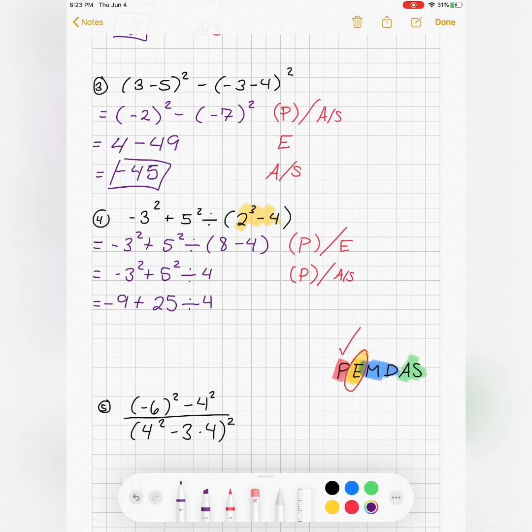Okay, so what did I do in that step? I did apply the exponents.